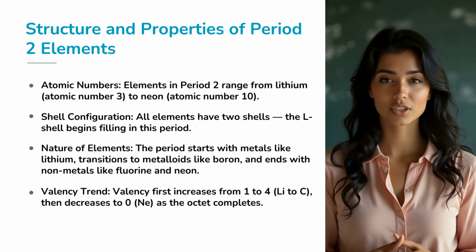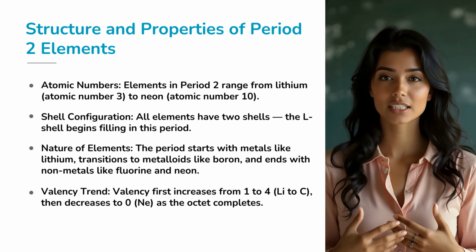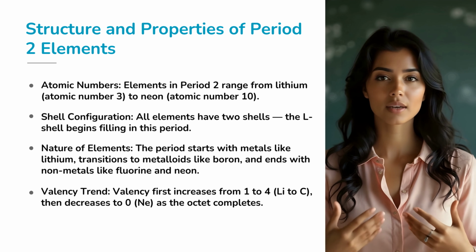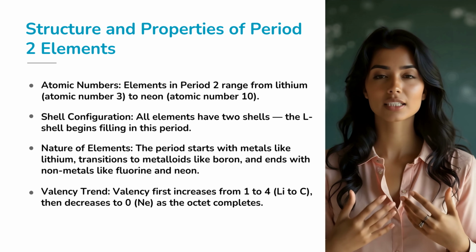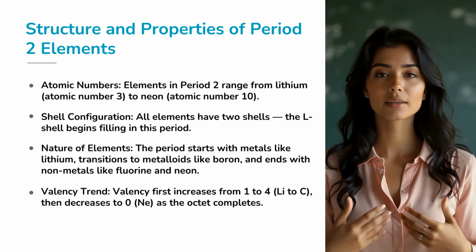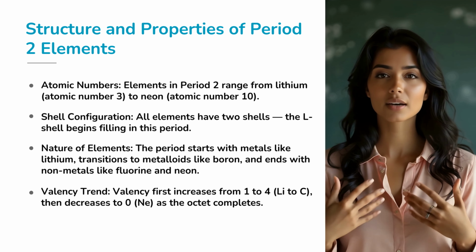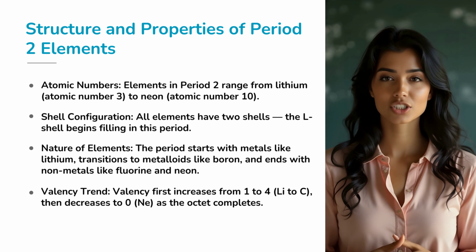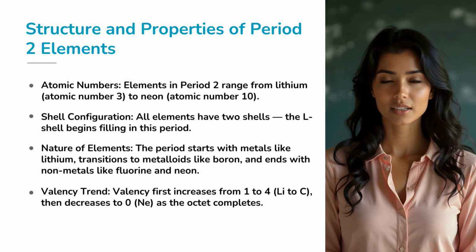Let's zoom into period 2, one of the most fascinating rows in the periodic table. It begins with lithium, atomic number 3, and ends with neon, atomic number 10. All these elements have two electron shells, that is, the K shell is filled and the L shell is being filled across this period.